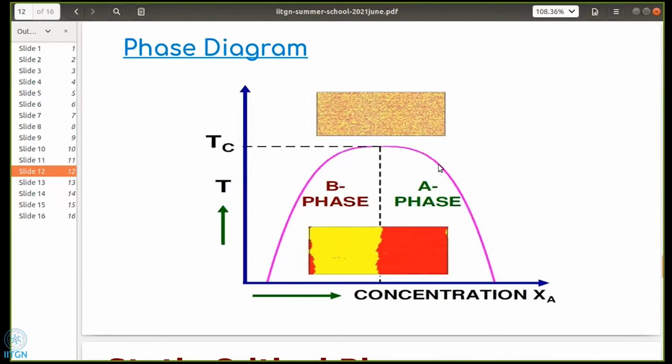The right part of this binodal curve corresponds to the A type of phase, okay? And the left part corresponds to the B phase. And these A and B phases can now coexist with each other. So these are going to be some of the properties of the phase diagram of a normal binary liquid mixture. And this is going to be important for the rest of the talk, because we are going to consider a binary liquid which is going to be in close proximity to the critical point.